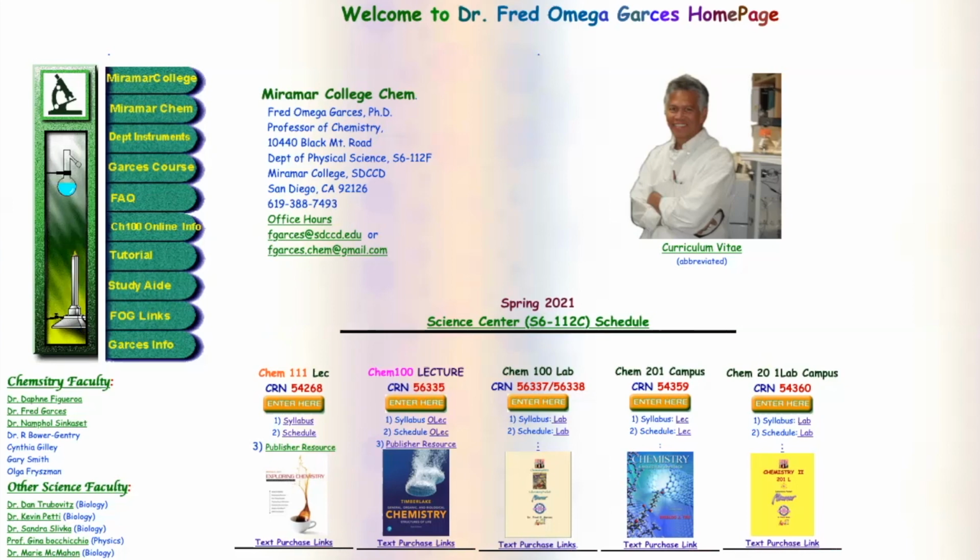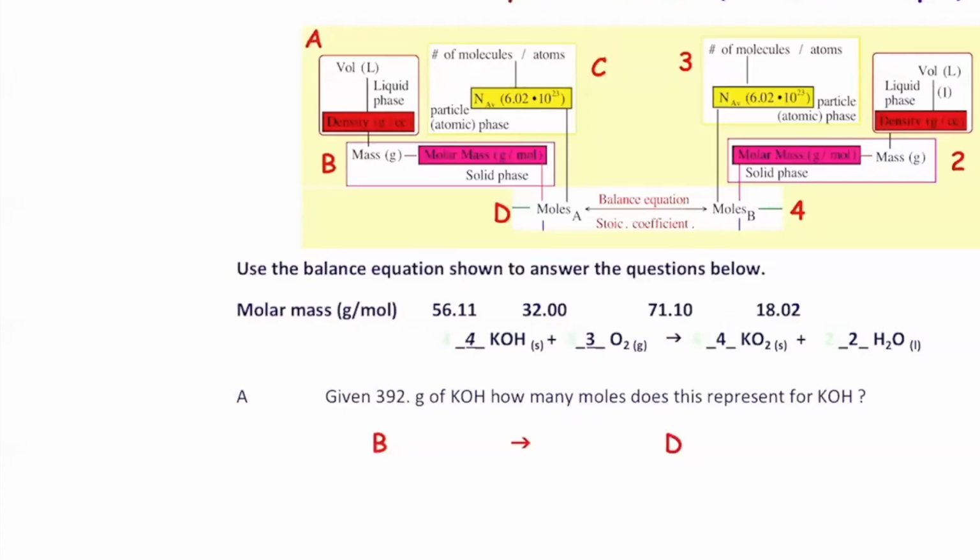So let me do this. When you have these problems, let me get a blank slate. This is generally a gas plus water. This is generally a gas, going to glucose, C6H12O6, which is generally a solid, plus oxygen.